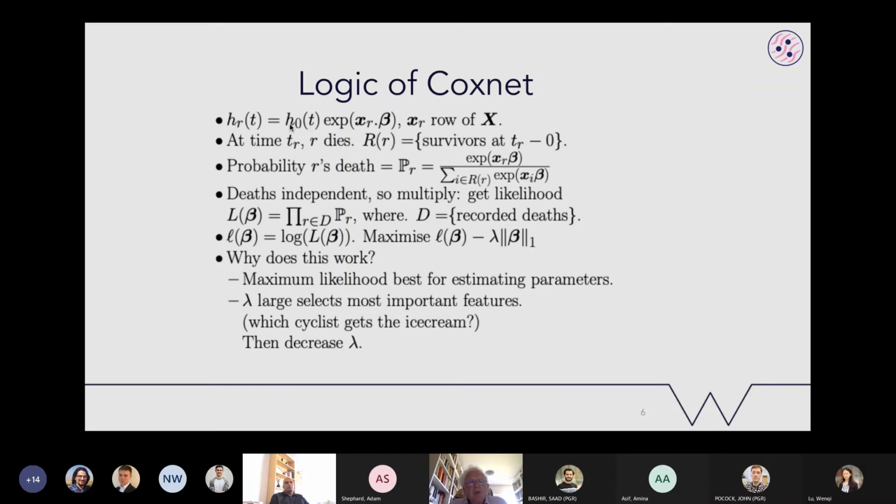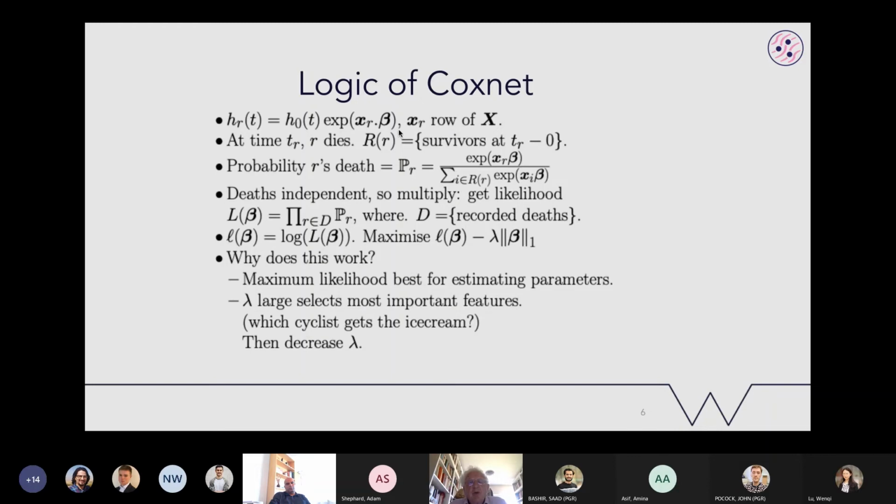For that patient, the hazard is the baseline hazard H0 multiplied by this exponential term, where XR is the rth row of this data matrix representing the quantified features of patient number R. And just notation: at time TR, R dies, and capital R of R is the set of survivors just before time TR.